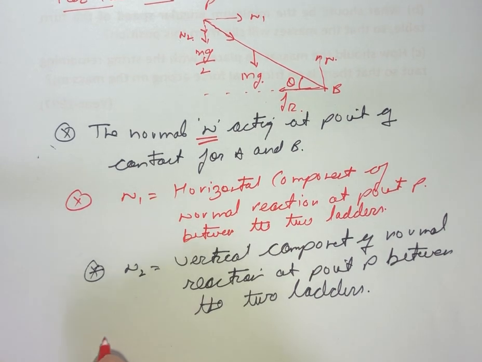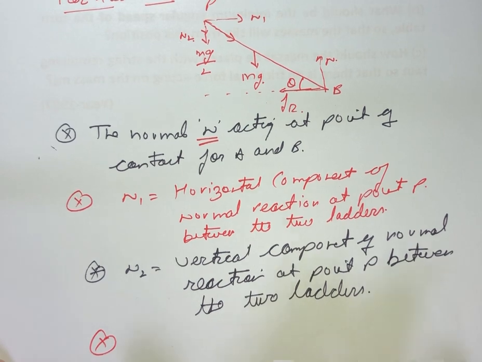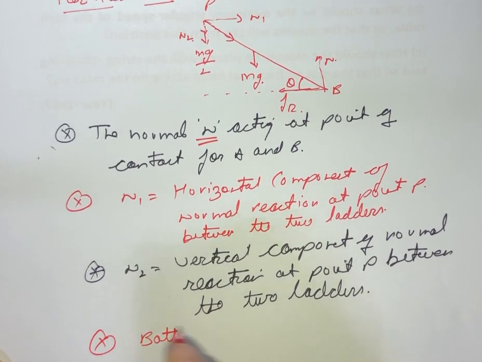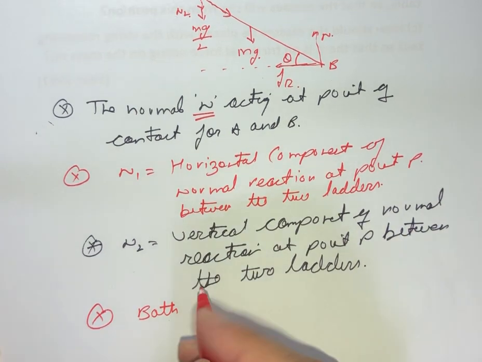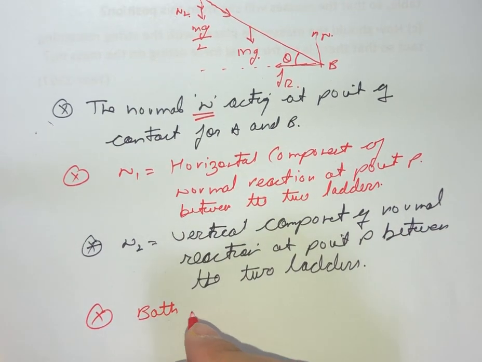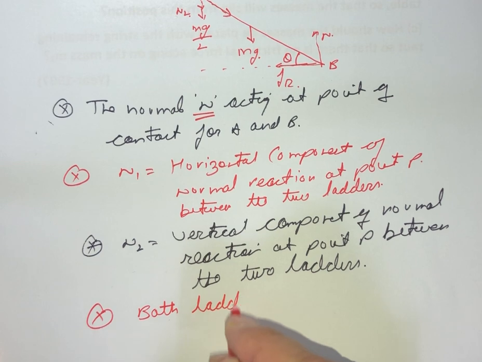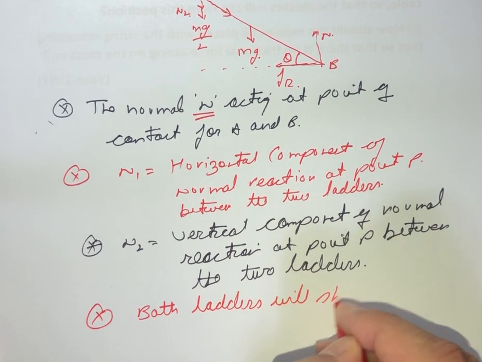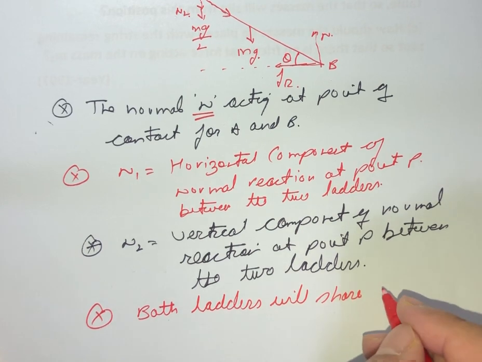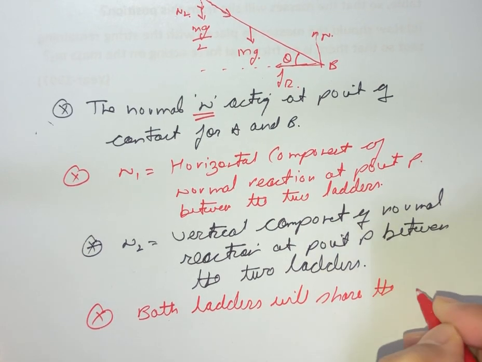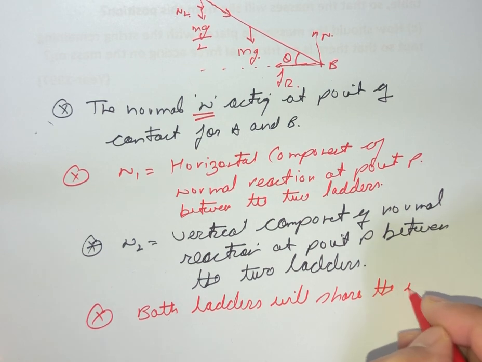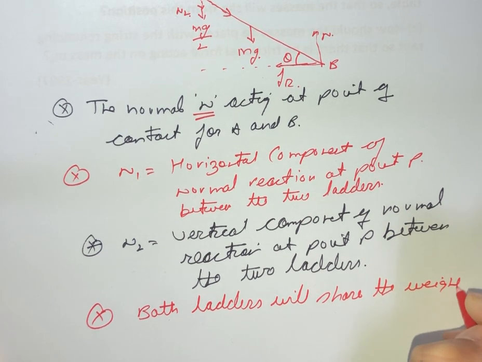Next is regarding the weight which is hanging from point P. Both ladders will share the weight mg.